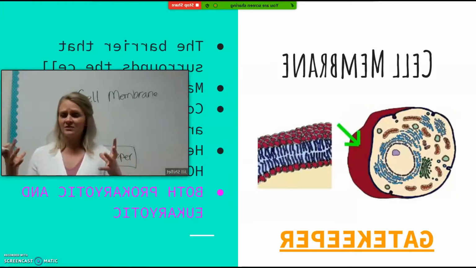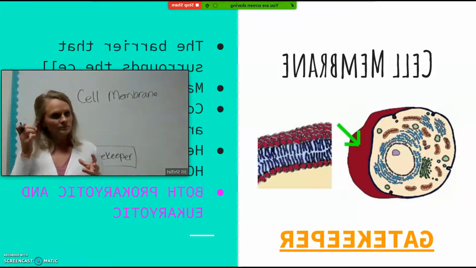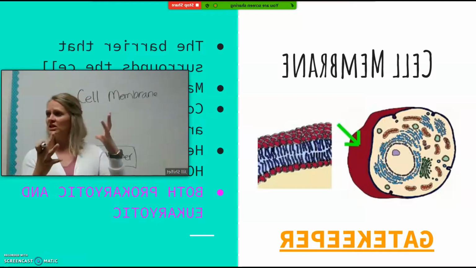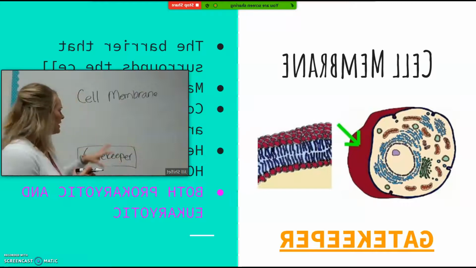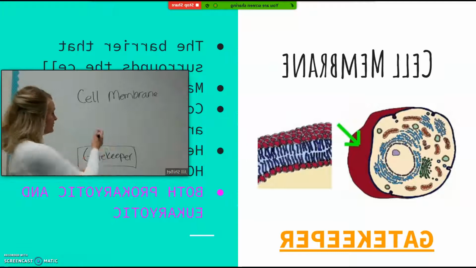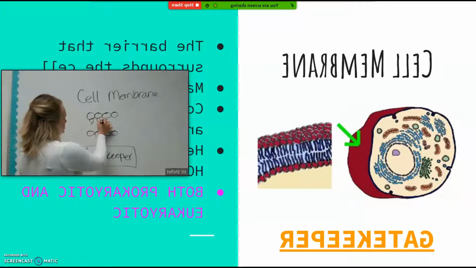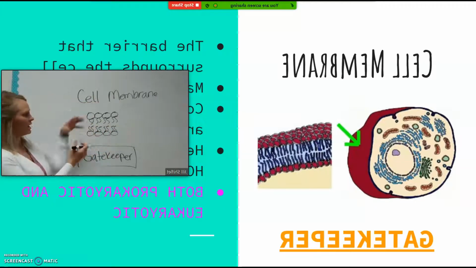It's made up of these phospholipids. It's called a phospholipid bilayer. So it's made up of these fats in this double layer, and it's real squishy and fluid, and it moves around a lot. You also need to draw a picture that reminds you of the cell membrane. If you want to draw an actual picture of what it looks like, you have these heads, and there's two fatty molecule chains that come from each one, and it creates this double layer.